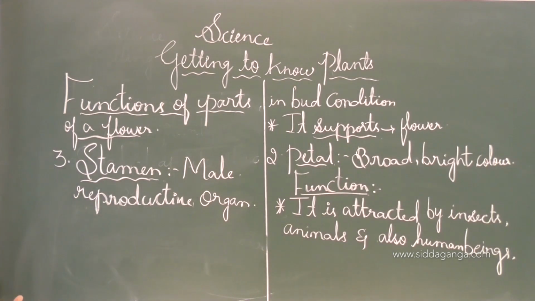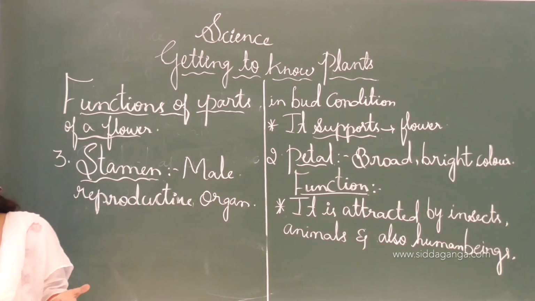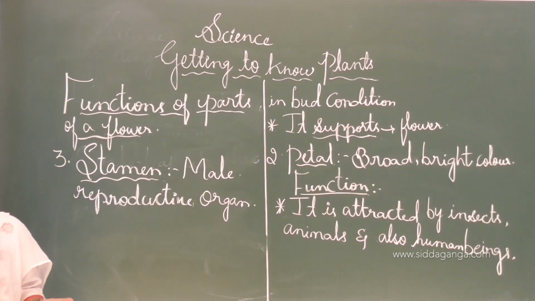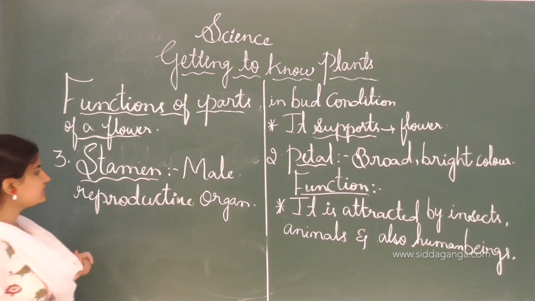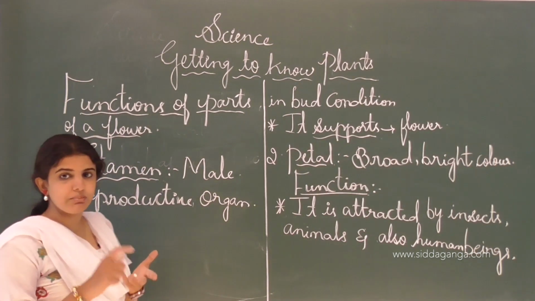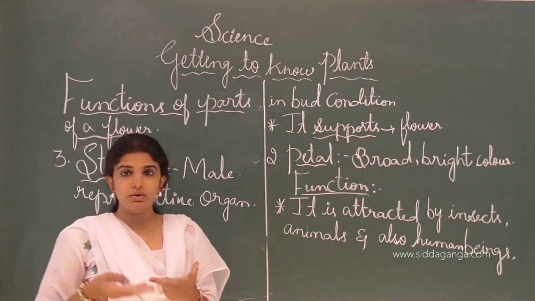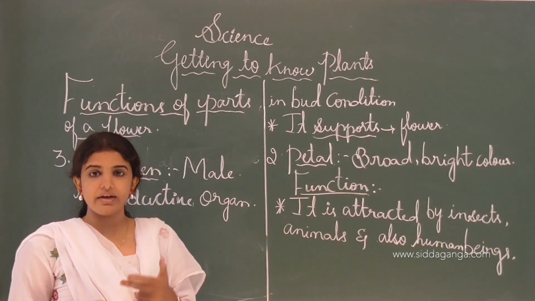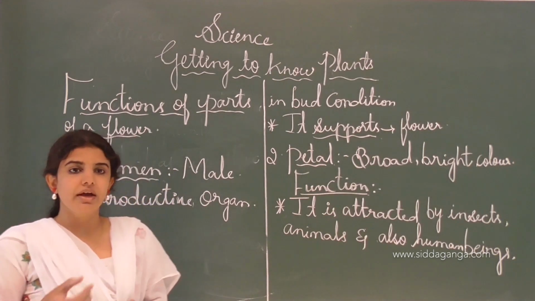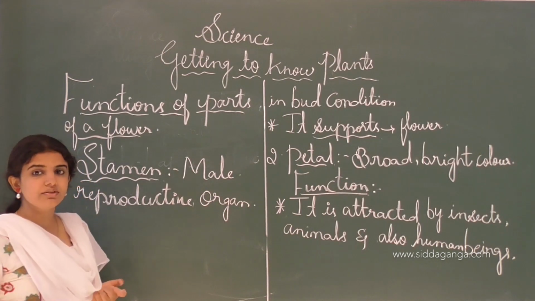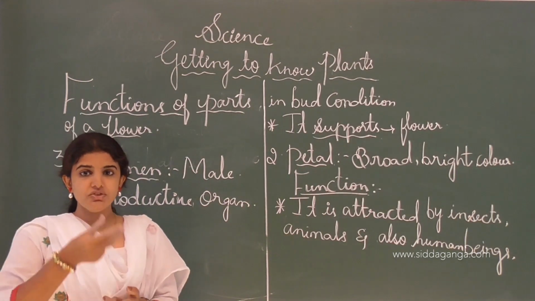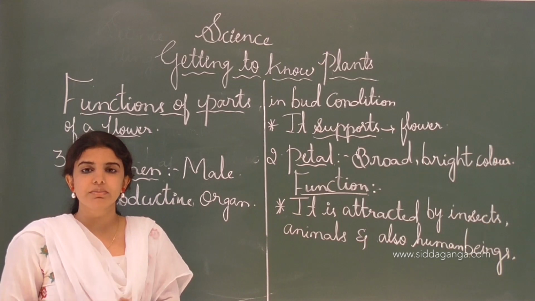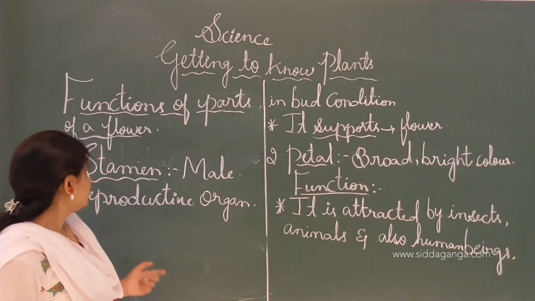Usually the stamen is present inside the petals, and the stamen is classified into two parts. One is the anther, a sac-like structure at the top, and below it a long thin structure emerges out from the flower, which is nothing but the filament.